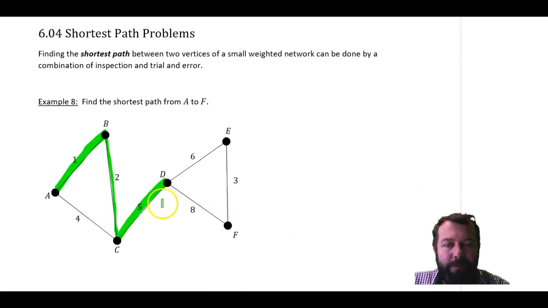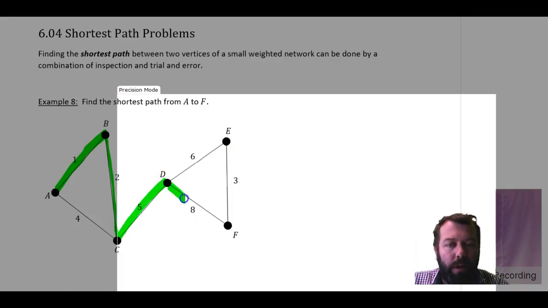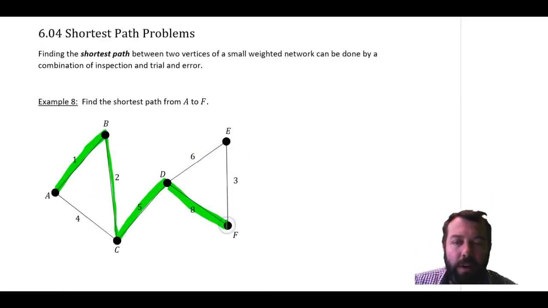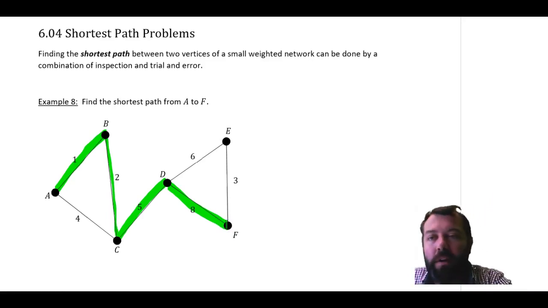Now, we're trying to get to F. I could go directly there in 8, or I could go via E, and that will be 9. So I'm better off going this way. Rightio? So that's my shortest path. Write that down.